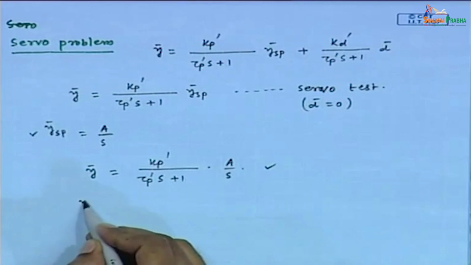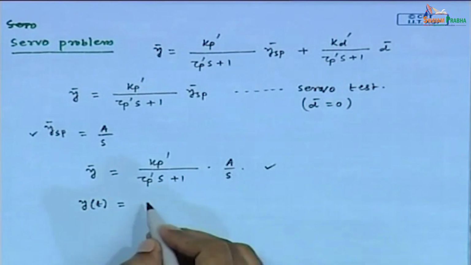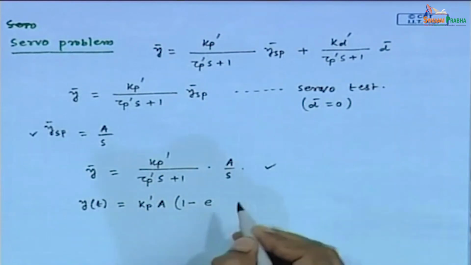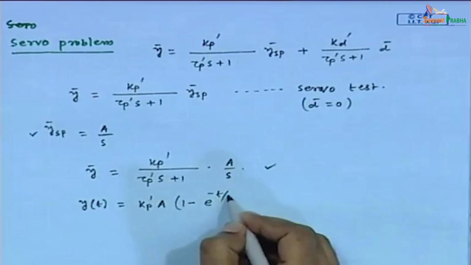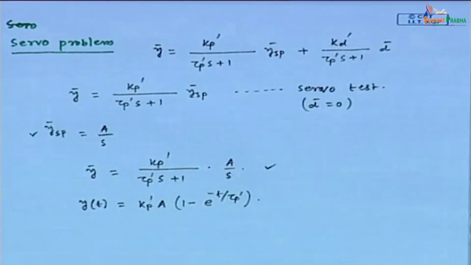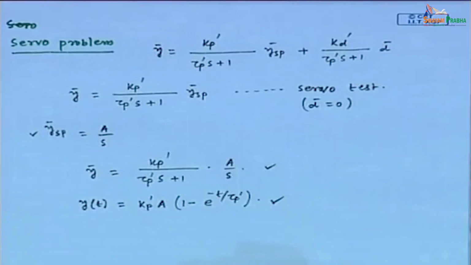Now, if we take the inverse of Laplace transform, we get y t equals k p prime A times 1 minus exponential of minus t divided by tau p prime. Taking inverse of Laplace transform, we get this form of y in time domain.